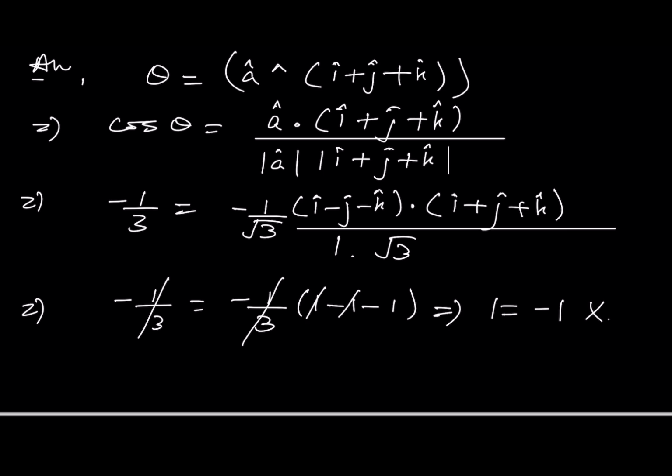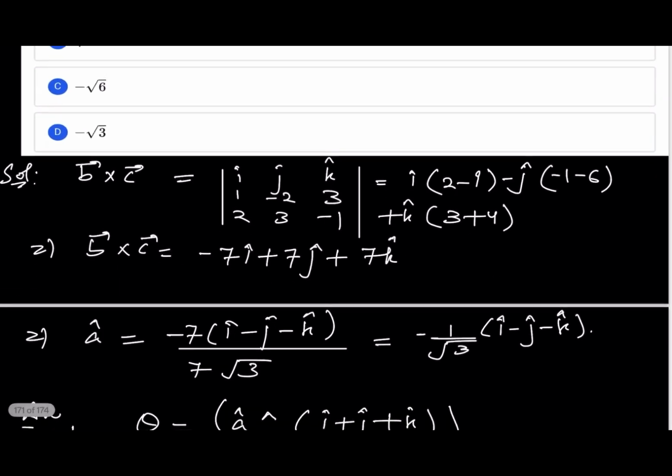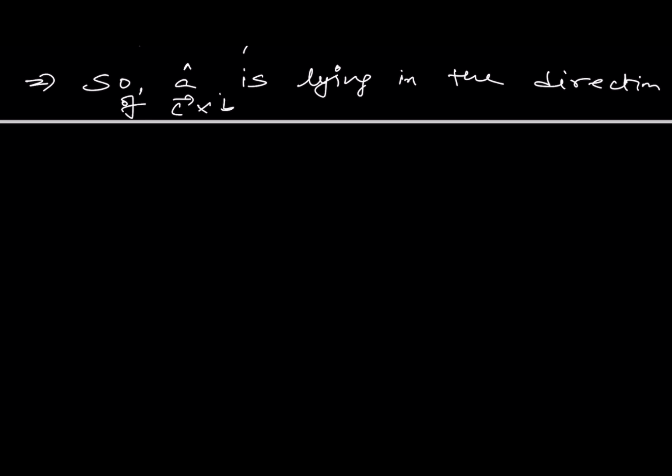So what is the mistake we have committed in this solution? We took a cap in the direction of B cross C. So a cap is not in the direction of B cross C, but it is in the direction of C cross B. So we can say a cap is lying in the direction of C cross B, right?